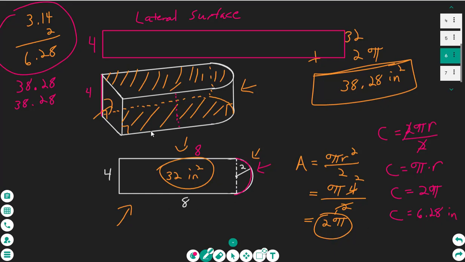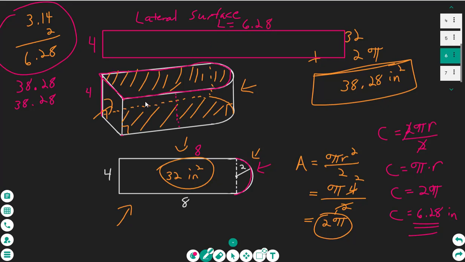So the distance around this whole shape, kind of starting from here and following this all the way around the shape and back, that distance is going to be this 6.28. That means when we cut this up the middle and we unroll the whole thing, this length is going to be 6.28.